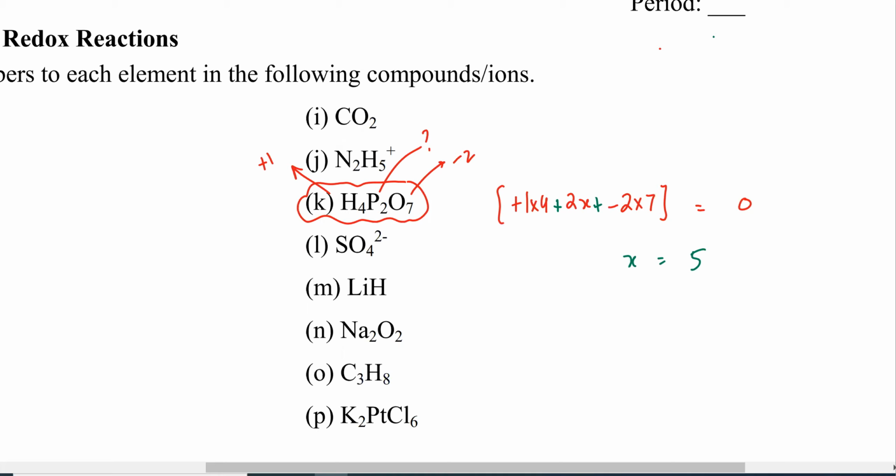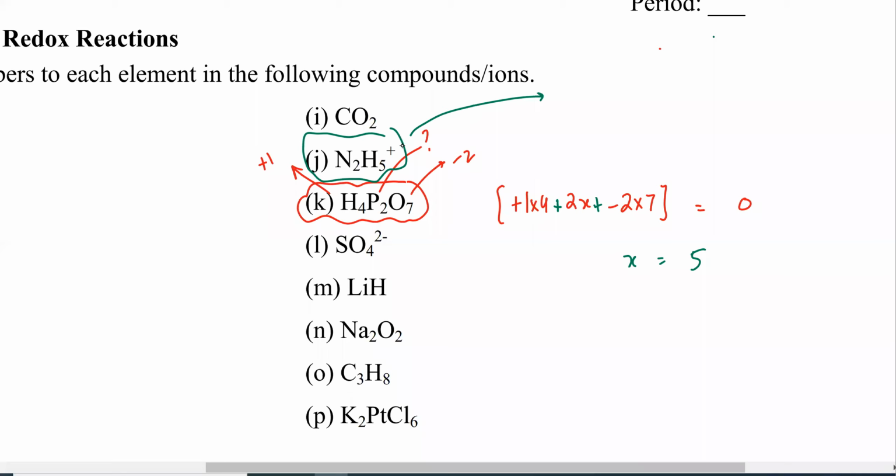So similarly, you can find oxidation states of pretty much all the unknown elements. If you talk about N2H5+, now N2H5+ has an overall charge of +1. So they've given the overall charge, which means the individual charges must add up to be equal to the overall charge.